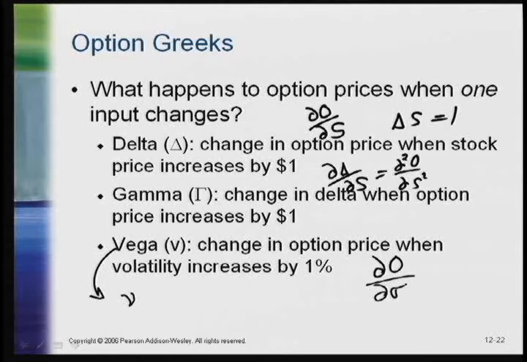And what people often want is what happens to the option price per 1%, where the units are percents. And so you'll find in many tables that vega is defined as 1 over 100 of this derivative. So then a vega occurs for every 1%.